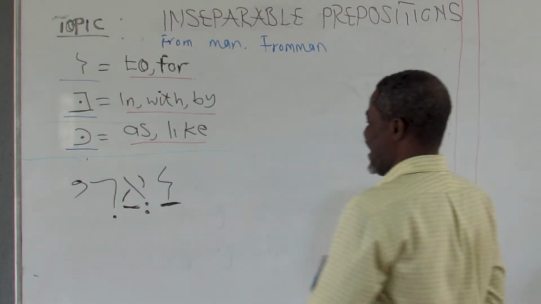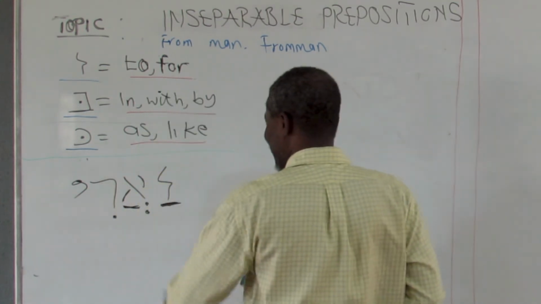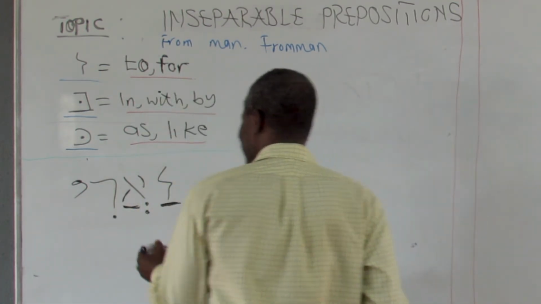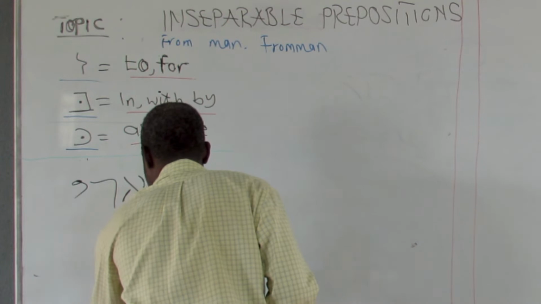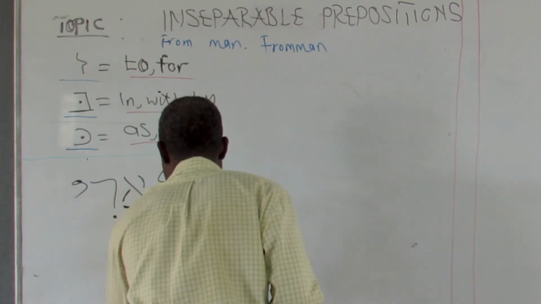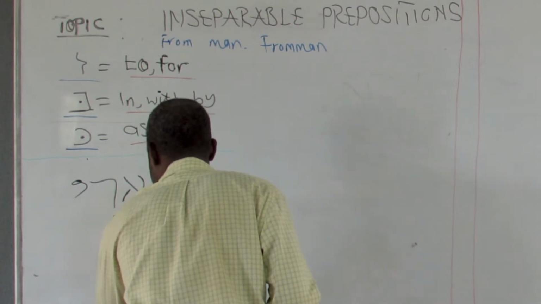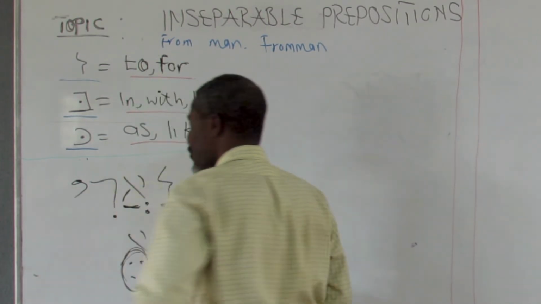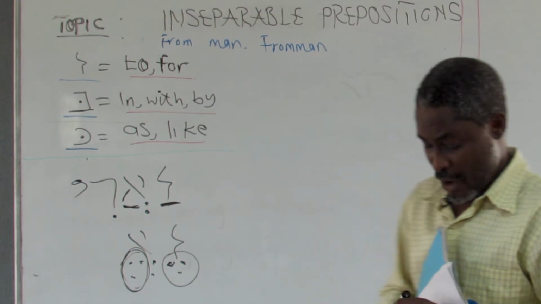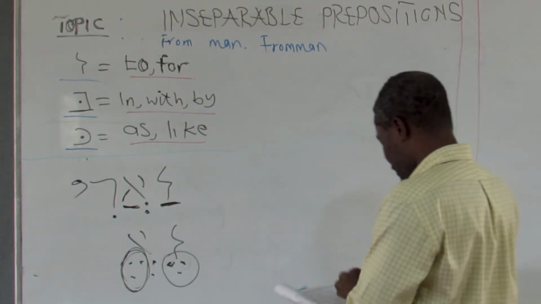So it becomes la-ari. If what you have here is a segol, the lamed will also carry segol. This short vowel will be repeated under the preposition.